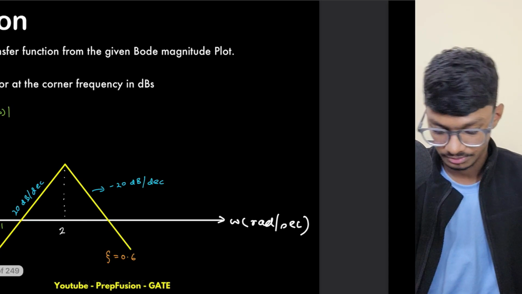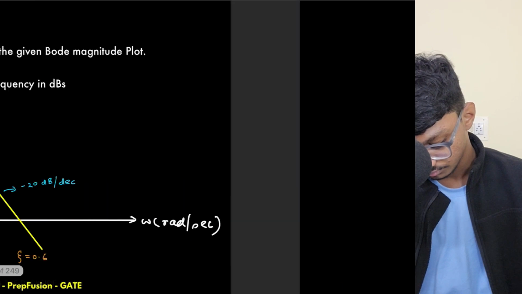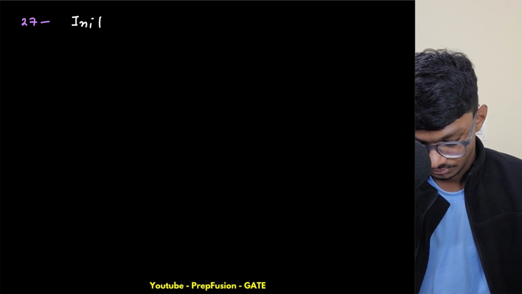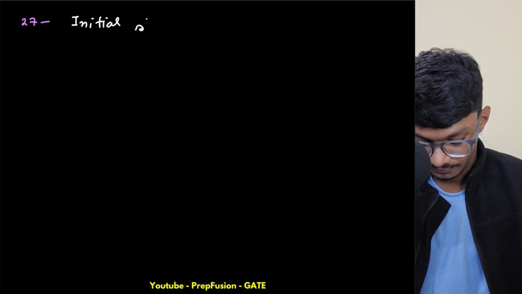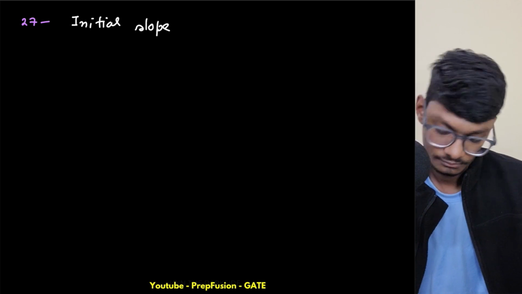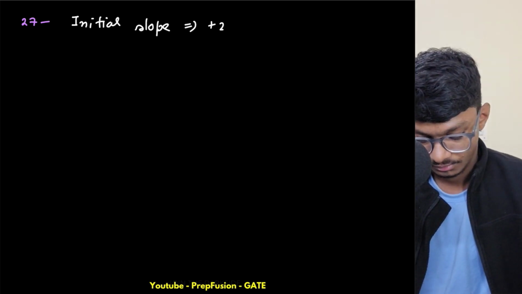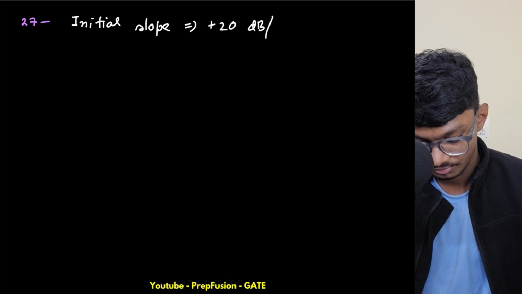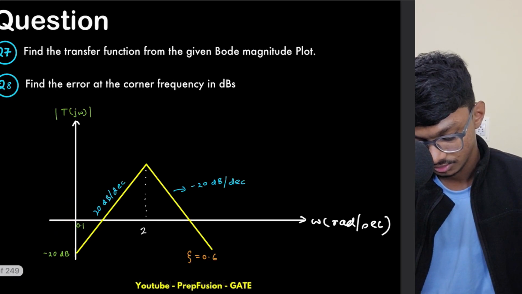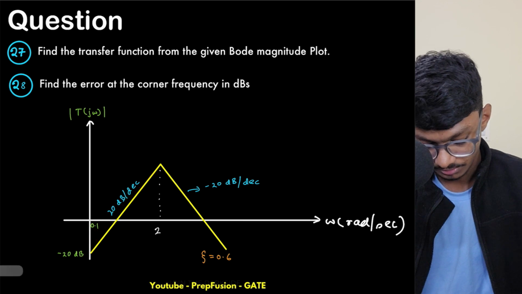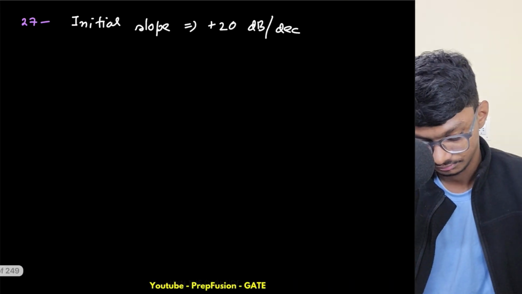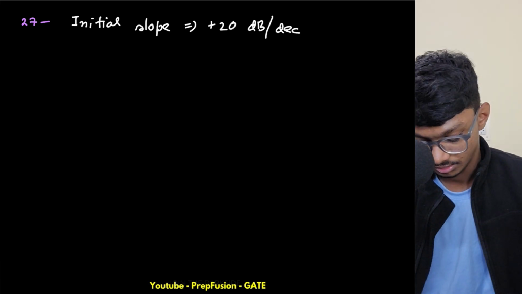Initially my slope is plus 20 dB per decade, and after this corner frequency it becomes minus 20 dB per decade.